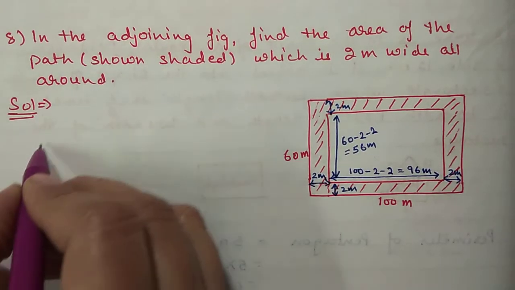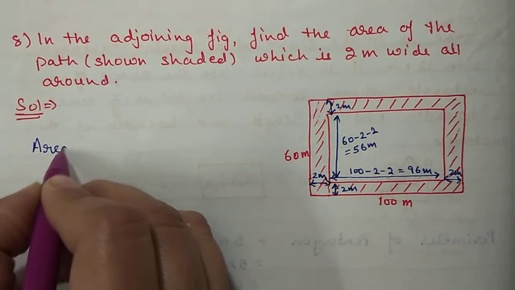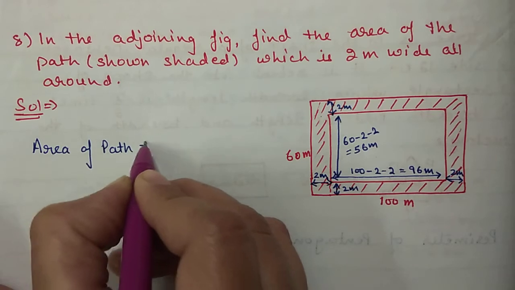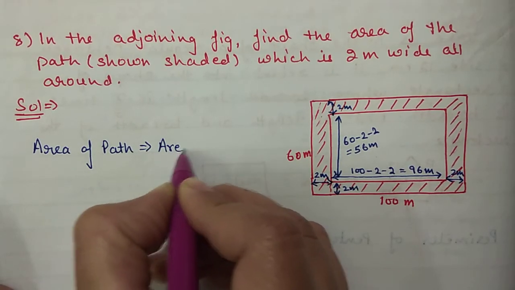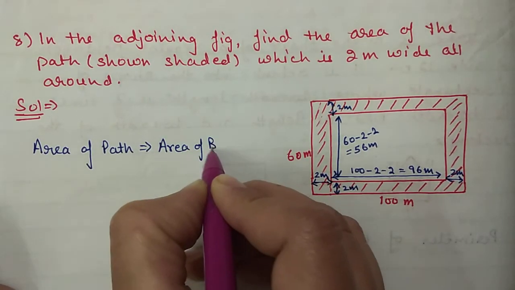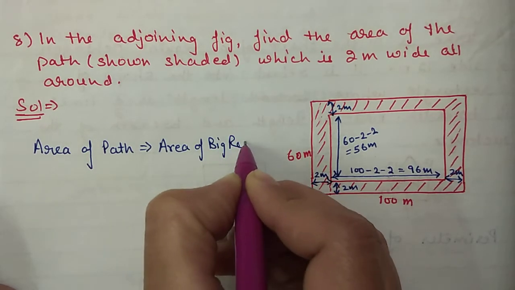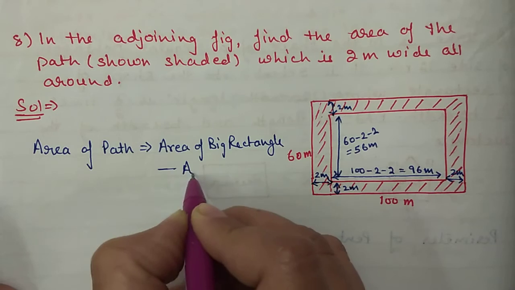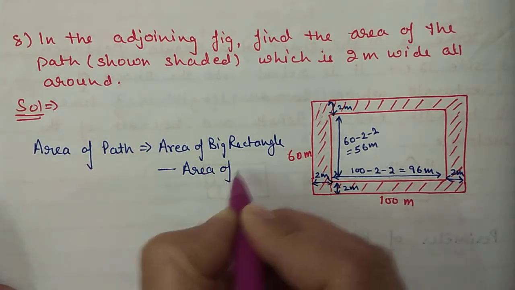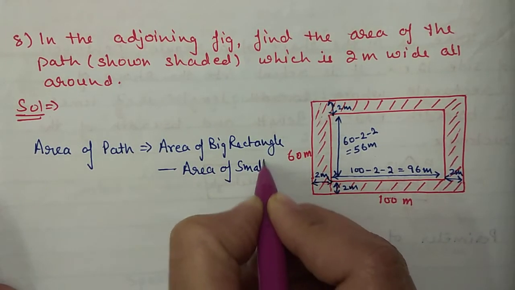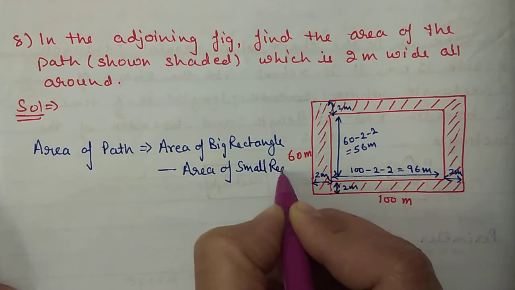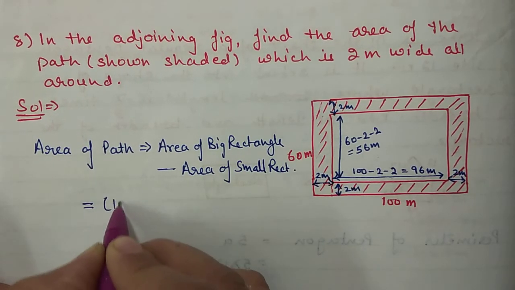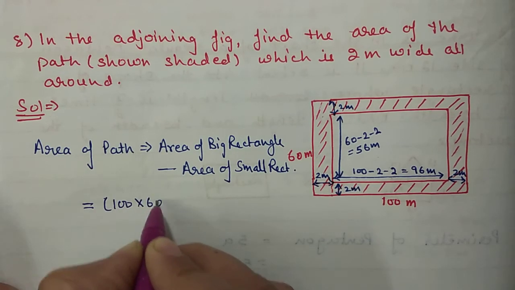So area of path is equal to area of big rectangle minus area of small rectangle. Area of big rectangle, length is 100 meter and breadth is 60 meter.